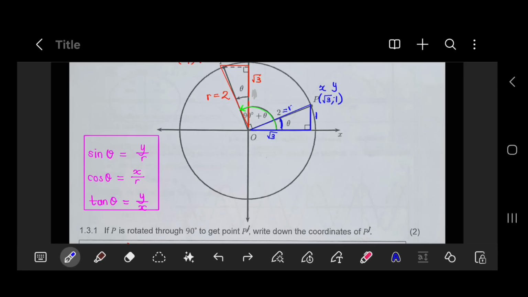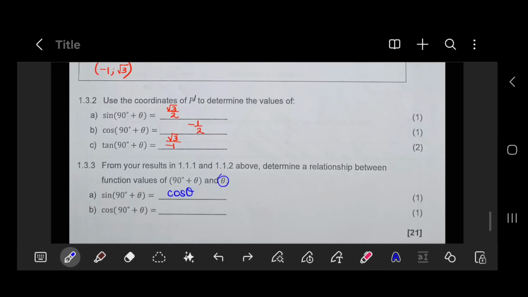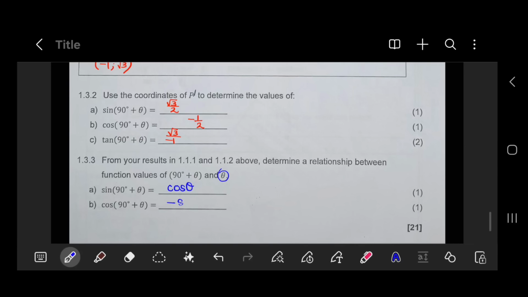This gives us positive a half, which means it is equal to negative sine theta, where sine theta is a half and it multiplies by the negative to give us negative a half. If you are familiar with this section of trig, you would have already realized that questions 1.1 up to 1.3 have been testing you on reduction formula.